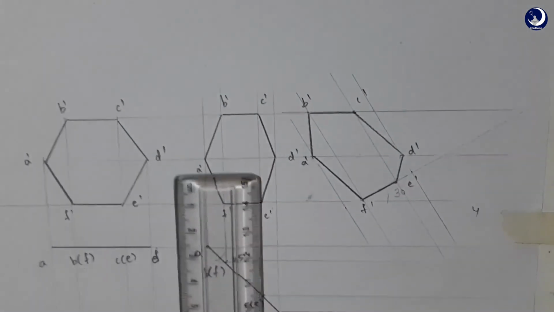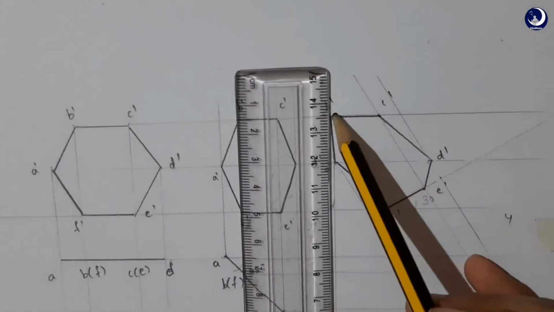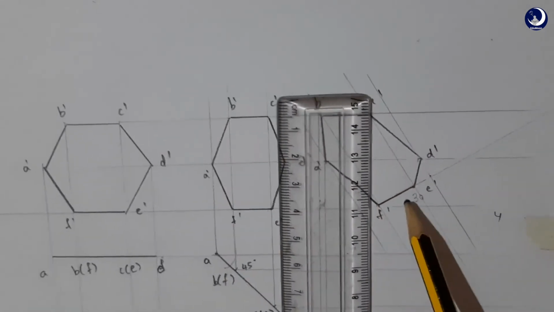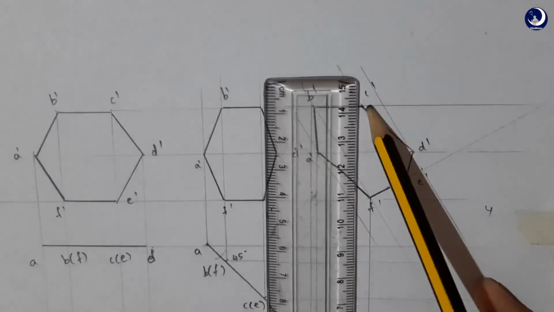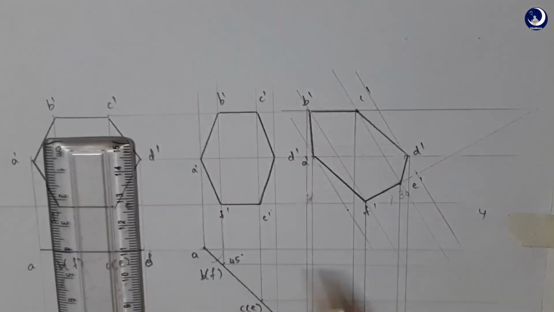Now bring these points to the top view. A and B are very close. F and E are very close. Now map these points again.